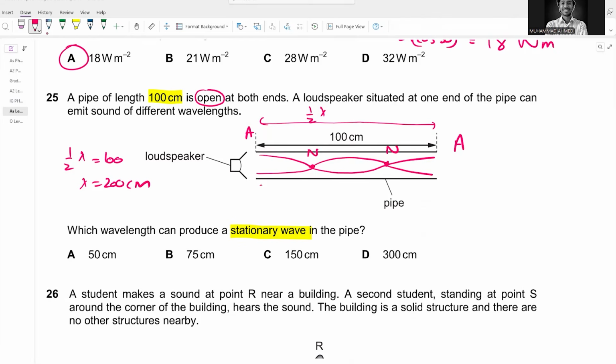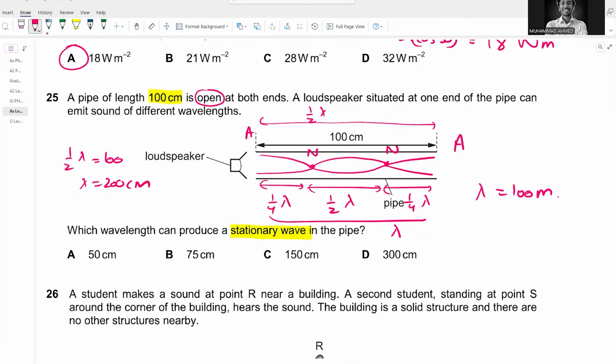From anti-node to node, you will have a wavelength of 1 over 4 lambda. From node to node, half lambda. From node to anti-node, 1 over 4 lambda. What is the total wavelength? 1/4 lambda plus half lambda plus 1/4 lambda, that is lambda. Lambda comes out to be 100 centimeters. Do we have an option like that?